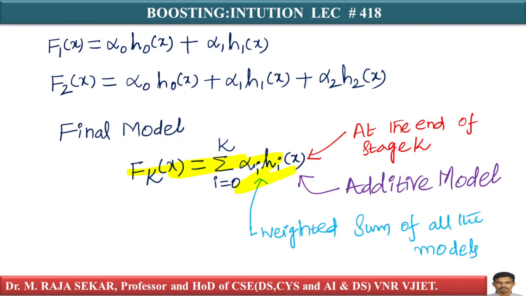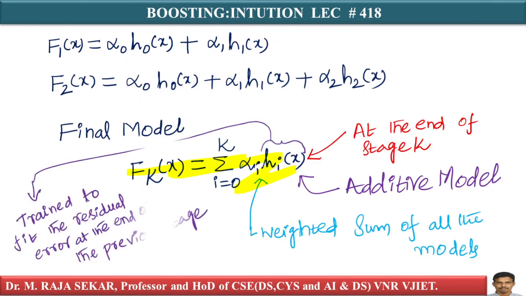Each of these base models is trying to fit the residual error, or the error that is left out at the end of the previous stage. This is often referred to as residual error.